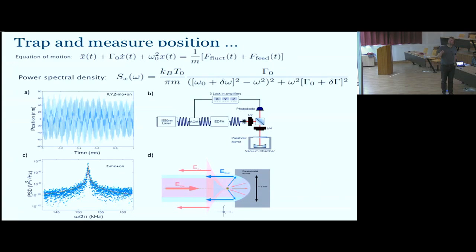And you see here on the right-hand side, that is also the fluctuation term, which comes from these gas collisions in this high pressure regime, because they come and they drive the oscillation, and they basically thermalize the motion to the temperature of this background gas. Then there is this feedback term here, which is basically the electronic thing which we introduce to at some point replace this or compensate this, and also use it for cooling.